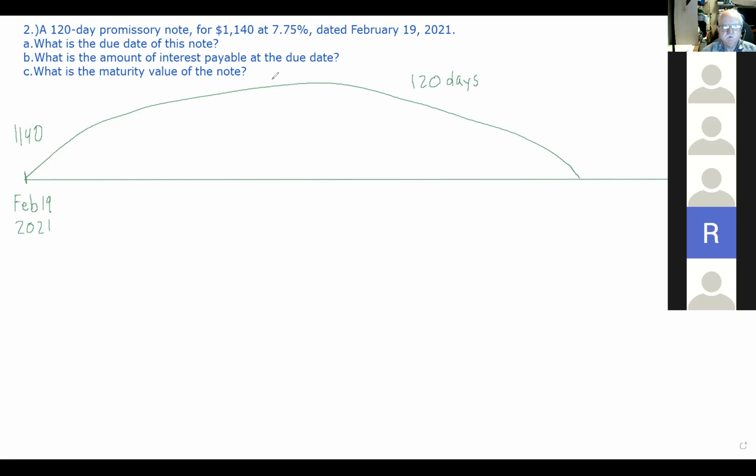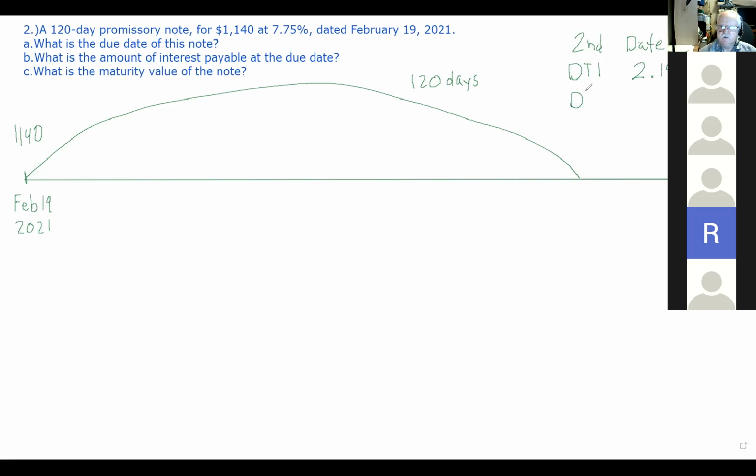So we could find the maturity value, but they've been annoying and asked us the due date of the note. So again, we're going to use our BA2 Plus. We're going to go second date. And then we're looking at DT1. And we know DT1 is February. So the second month, the 19th day, and the year is 21. Then we go enter and down.